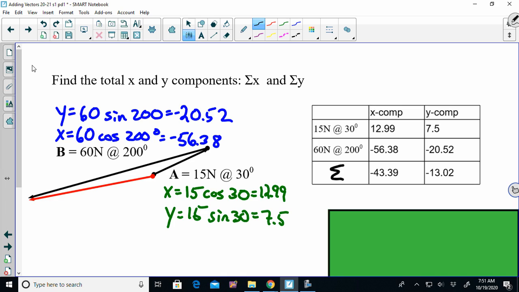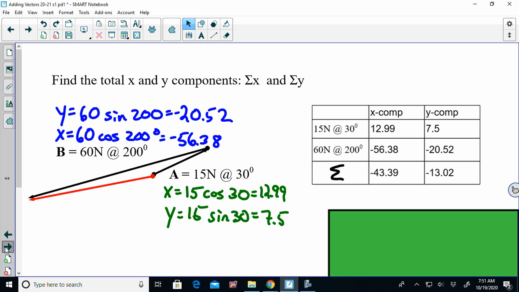Right, so here's my total x, negative 43.39. And I add up my total y, negative 13.02. Just simply add them together. I can add them together because they're in the same direction. So that's a pretty quick step.